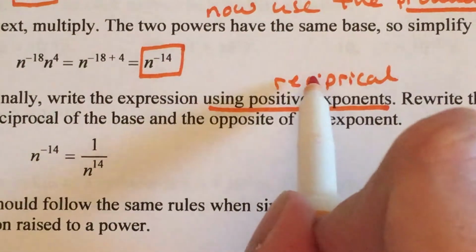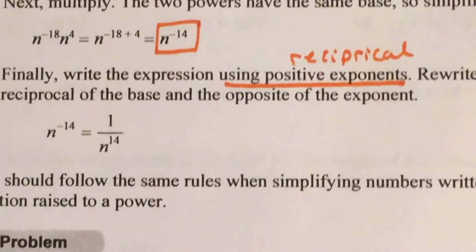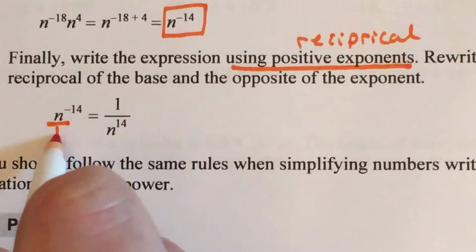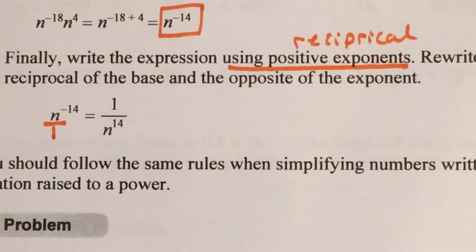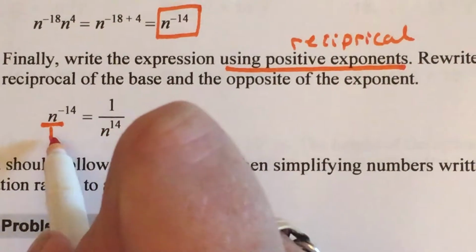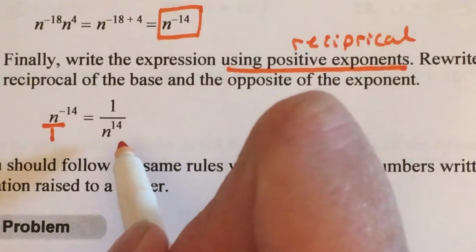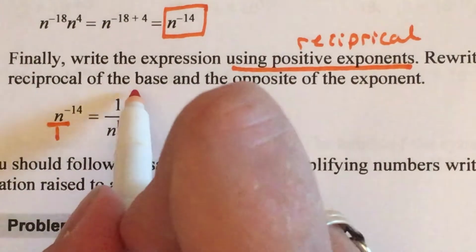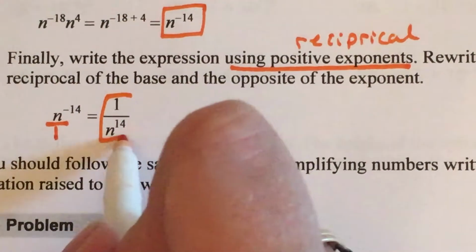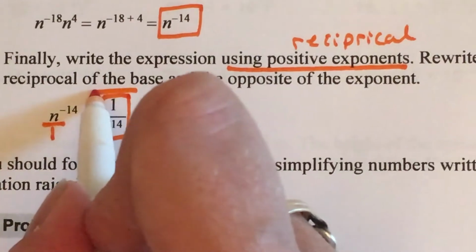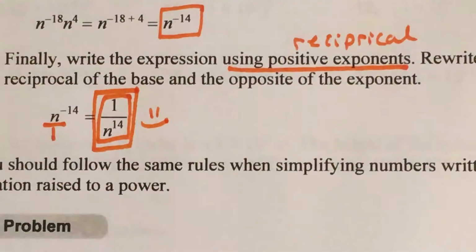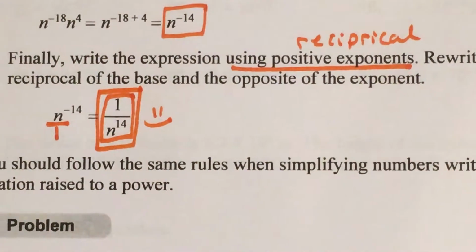We remember that an integer always has a 1 underneath of it. So you flip the base over, you do the reciprocal, and the exponent is now positive. And this is your most simplified final answer. Great.